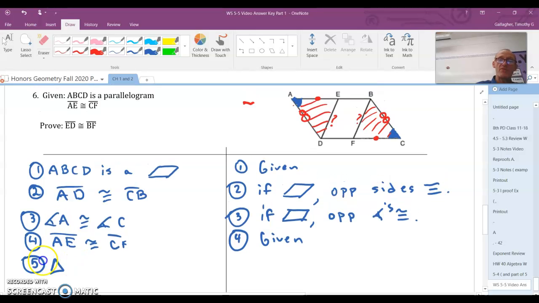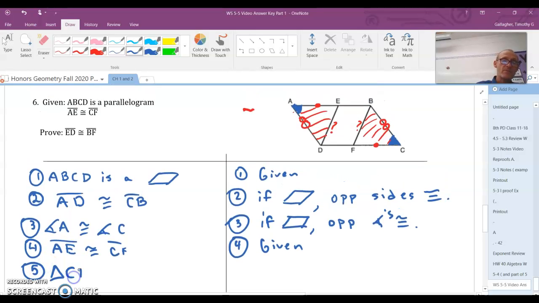Triangle CFB is congruent to triangle, see I went from C to F to B, so I'm going to go AED, triangle AED, and that is side angle side.